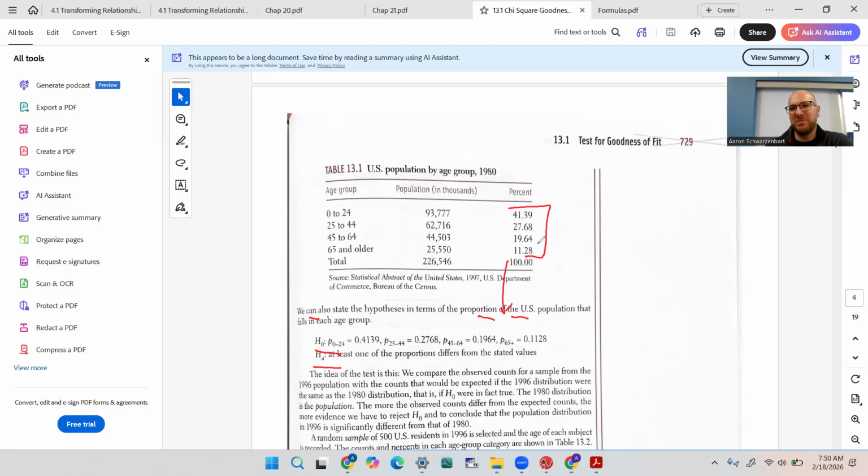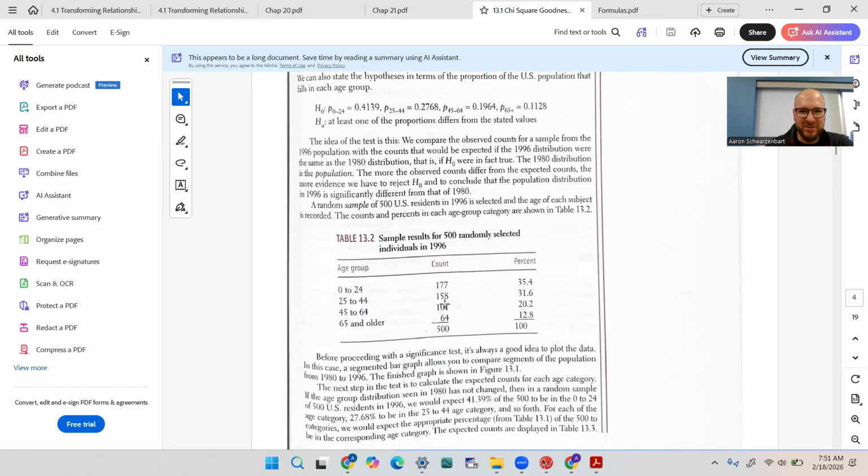And yes, we do expect some sampling variability, but within sampling variability that they fit. The HA is at least one proportion differs. And if one does, two will in some way, but the other ones might fall within chance variation. Okay, so this one we're rejecting H naught. We're concluding that at least one of the proportions is different from my expected proportion.